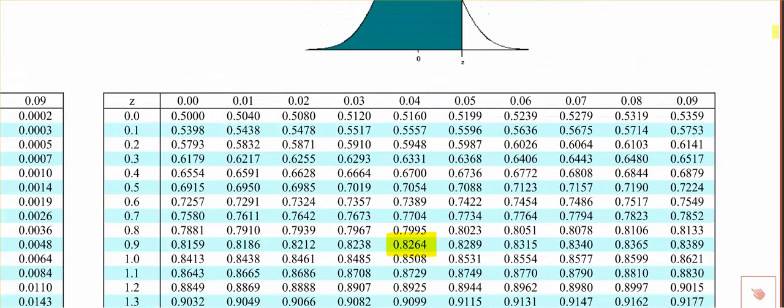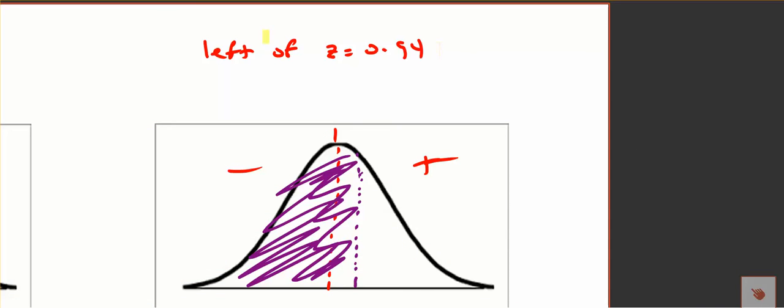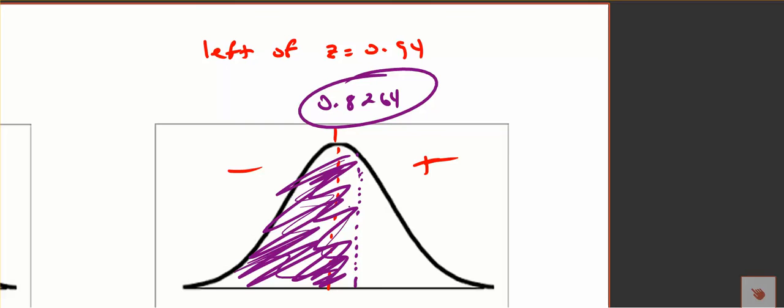So that will be the area that's under the curve from the left to 0.94. So my answer would simply be 0.8264. In other words, about 82% of the curve is in between the left and 0.94 z-score, about 82%, 82.64%.